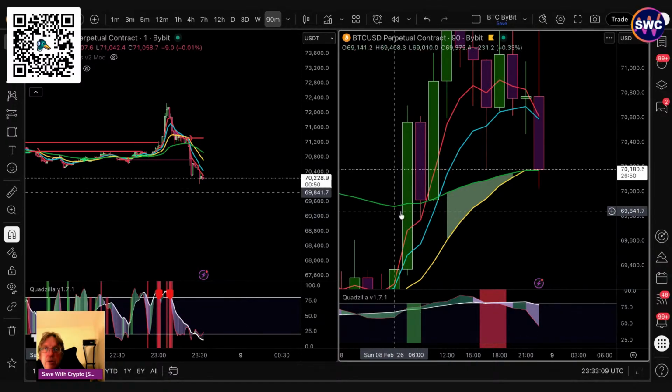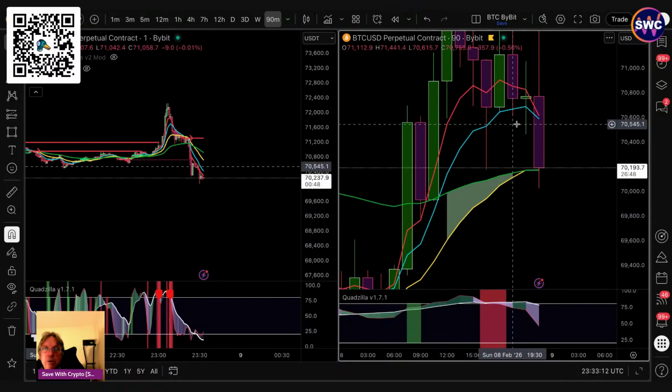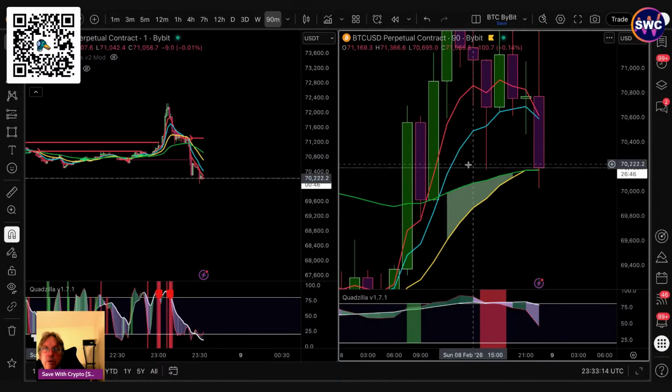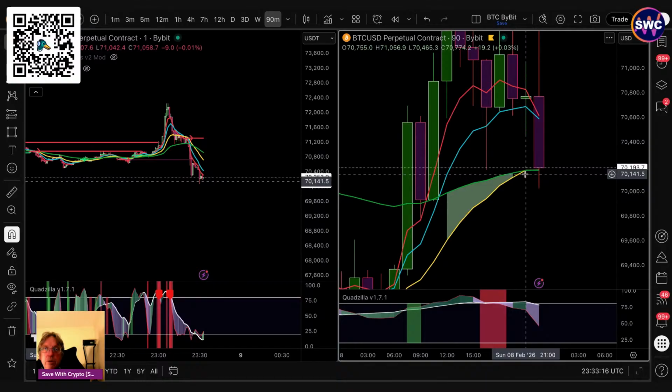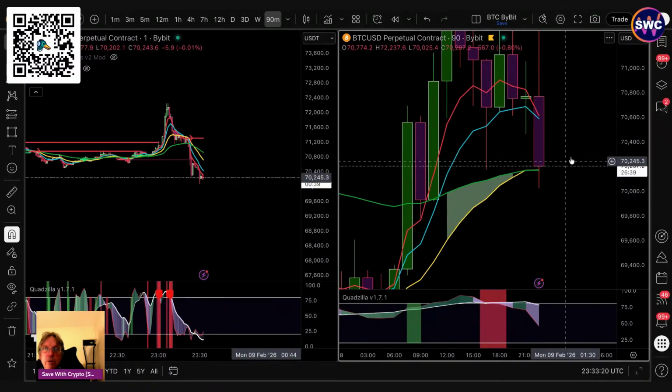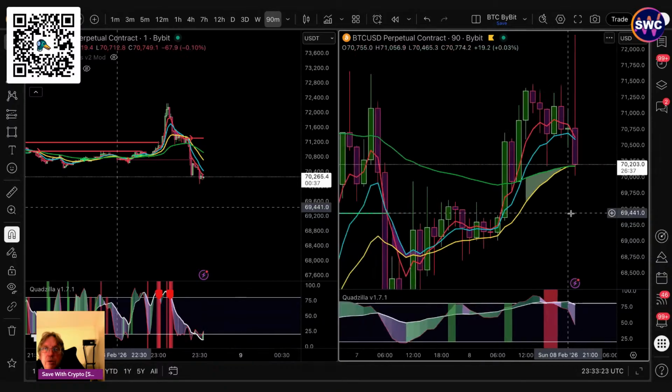Can you see what happens? Something like a 90-minute time frame is quite big, so if those EMAs don't cross properly, if they kind of uncross, the reaction downwards is normally quite violent.